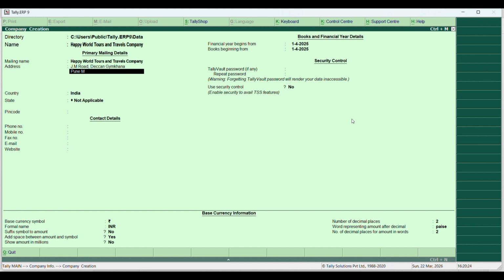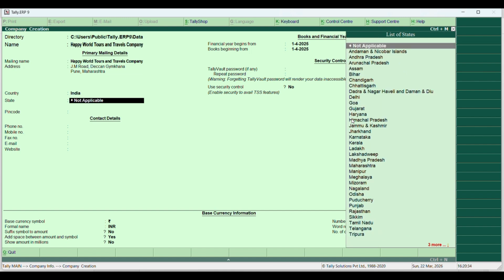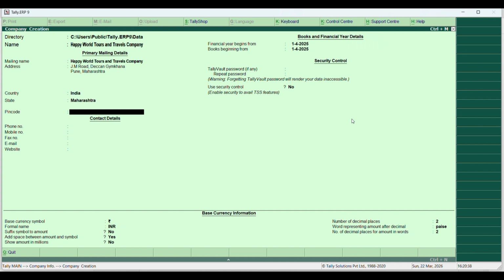So the company is in the state of Maharashtra. Okay, country is India, state is Maharashtra, pin code is 411004. Okay, no other details are given, so we'll just leave it as it is.